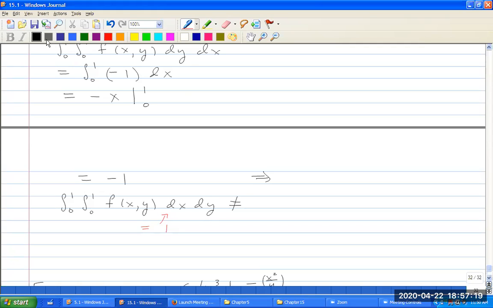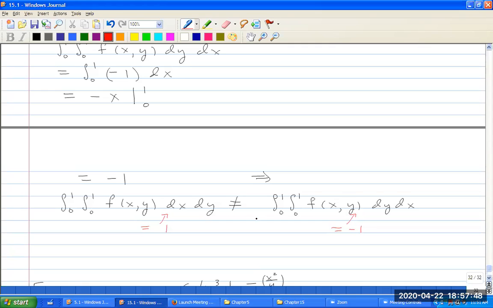And when I integrated the other way, it is equal to negative 1.